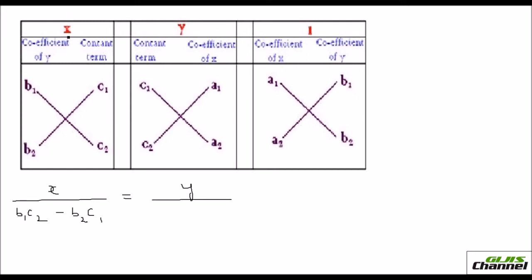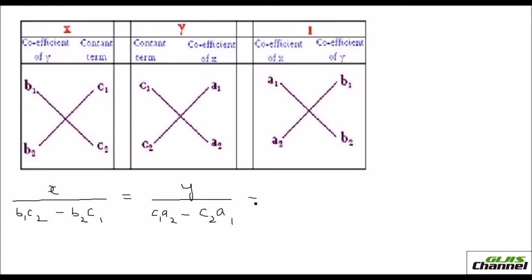Whichever variable you are taking, don't write the coefficient of that variable. You write the coefficient of the other variable. When x is taken, you have written the coefficient of y and the constant term. When you take y, you write the constant term and then the coefficient of x, and here too you cross multiply. So you get c1a2 minus c2a1.